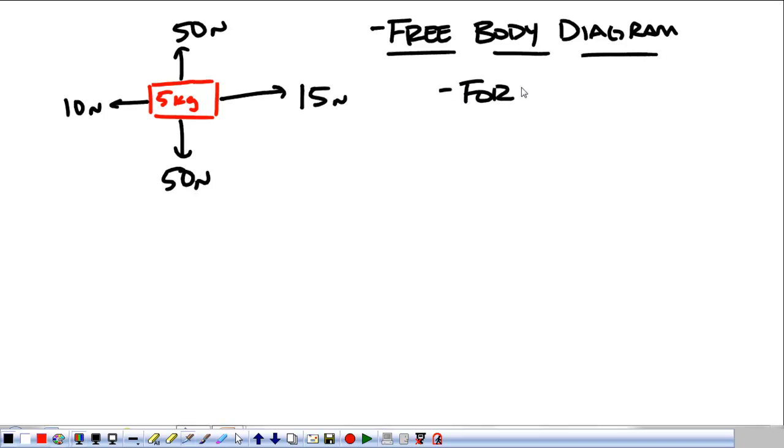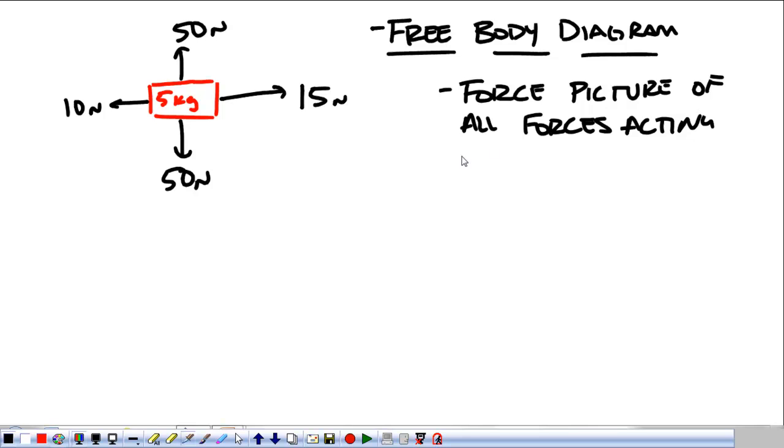It's a force picture of all of the forces acting on an object. And it's just the forces acting on a single object, a single free body. That's why it's a free body diagram. So, the question here is, what is the acceleration of the mass?